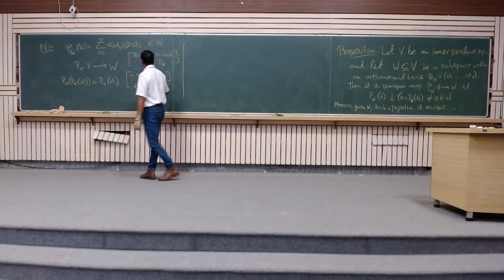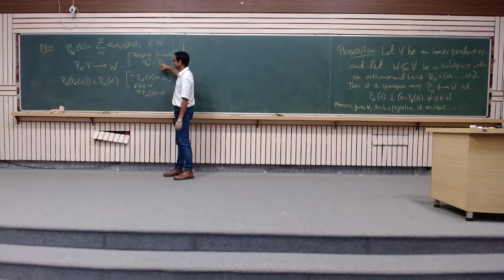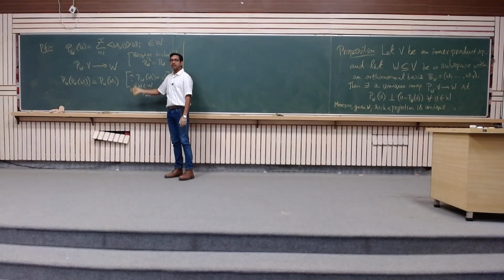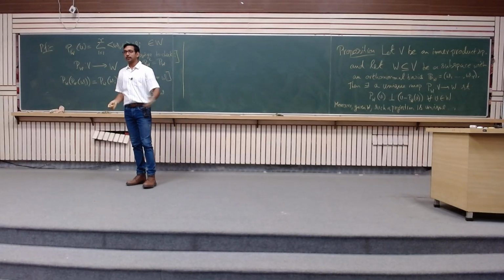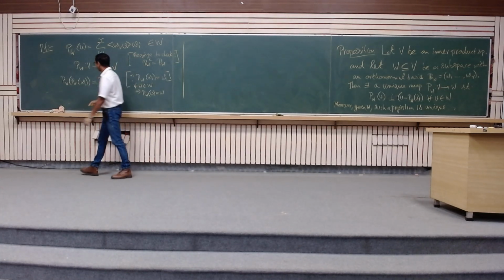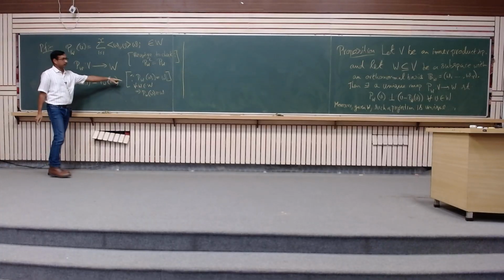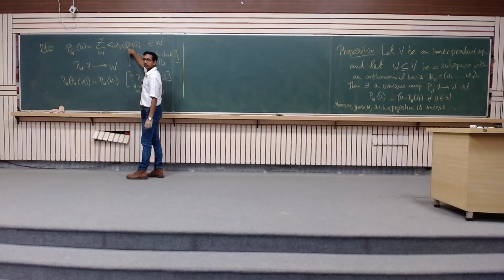All right. Since we must check that P_W squared is equal to P_W, what should we do? We do it on the basis, because it's a linear operator. If you have some property verified on the basis, it generalizes to the whole space by linearity. So we just check it on the basis. Now note that P_W(w_i), take the definition and put w_i there.